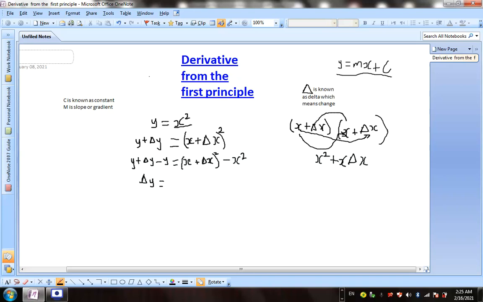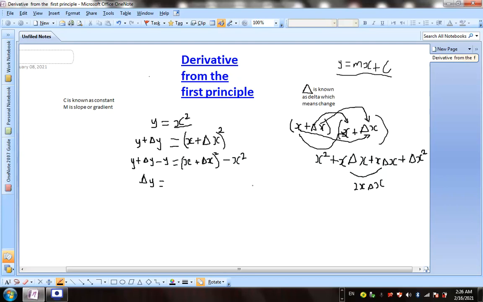And also dx multiplied by x, you have plus x dx, and dx multiply dx, you have plus dx squared. So the addition of these two will give you 2x dx.